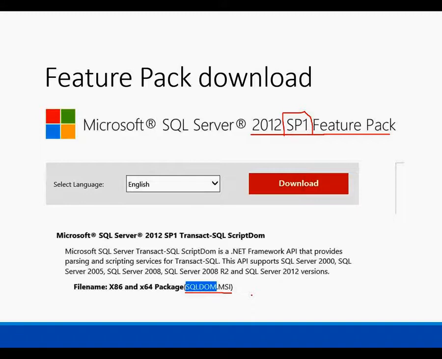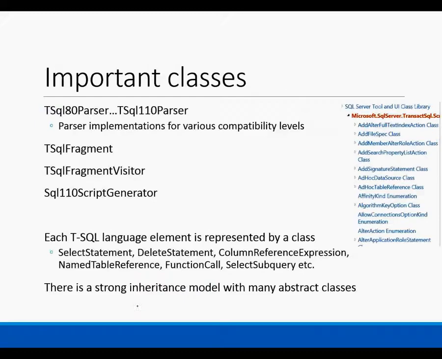This is very important if you have an application which is using this parser. You don't need to install SQL Server completely. You just need to get this redistributable version of the parser and install that MSI file on the application server proper. That's quite significant if you're going to be investing in this parser for your applications. That's the basic logistics around where the parser came from and where you can get it.